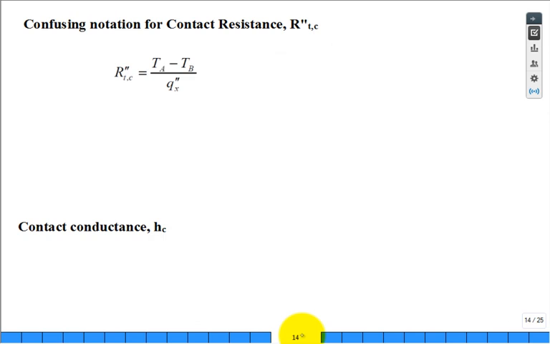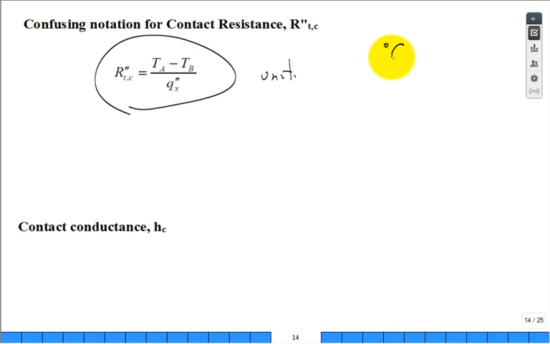So, this is our equation. Can you kind of tell what are the SI units of this R double prime thermal contact? Well, it's degrees C per, what is the units of Q double prime? I forgot.